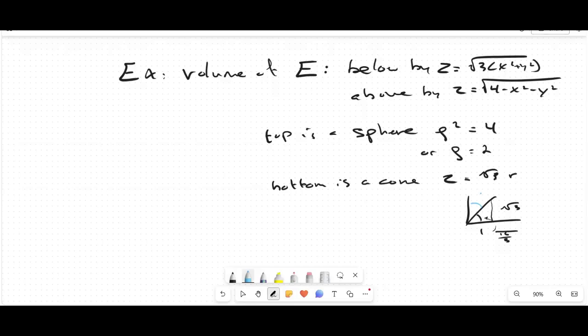Therefore, that angle there, which is phi, is pi over 6. So it's a cone, phi equals pi over 6.